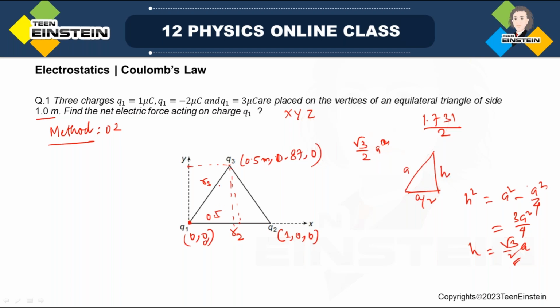Now look at what I have to do: I have to calculate the force F12, that means the force on this charge due to the Q2 charge. We know the magnitude is Q1 Q2 by 4 pi epsilon naught into the modulus of r1 minus r2.